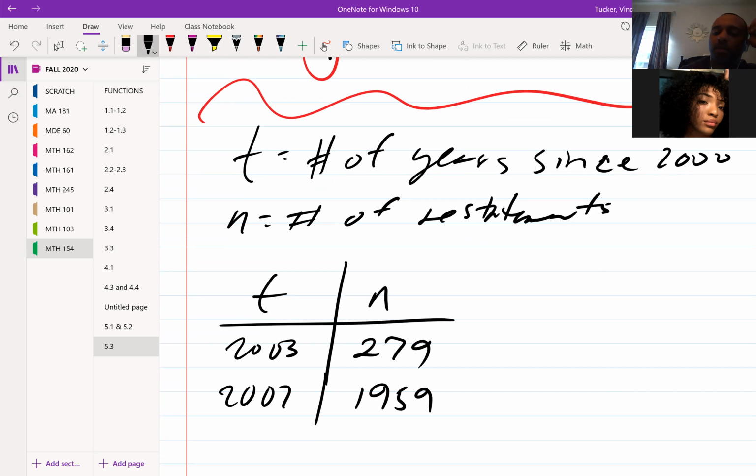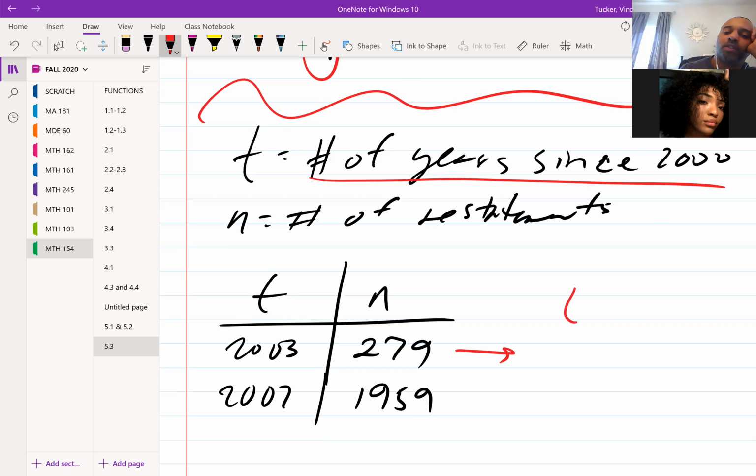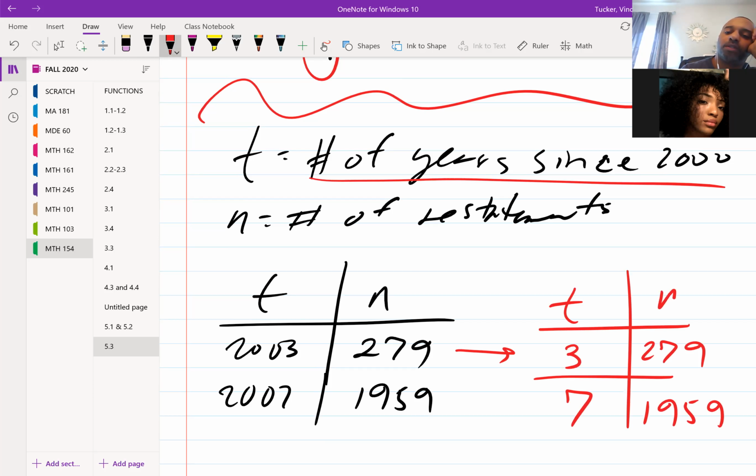So let me go back and make sure we're good. 1959 and 279. So now, don't forget, that's number of years since 2000. So T is actually going to be 3 and 7 for our years.